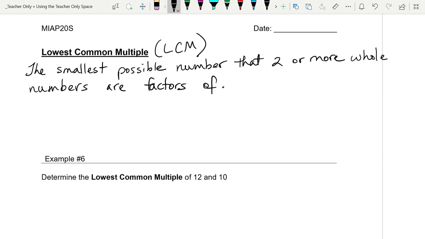And if you remember that when you're doing fractions in grades 7 and 8, that's what you need to think about when you want to make a common denominator. So, for example, the LCM of 6 and 8.